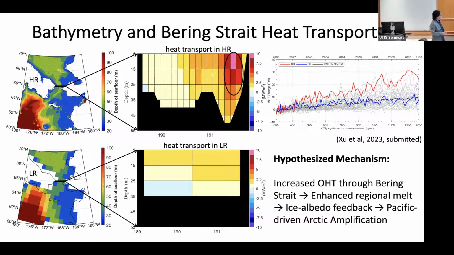So if you look at how the Bering Strait heat transport changes in the future, this is the comparison of the model-computed Bering Strait heat transport as a function of time. The time is shown on the upper axis here, 2000 all the way to 2100, and the bottom axis is showing the CO2 increase, right?